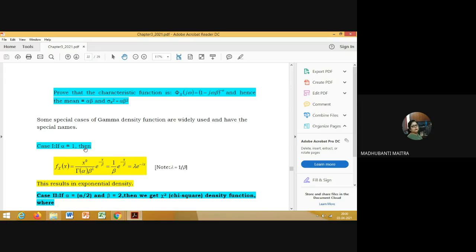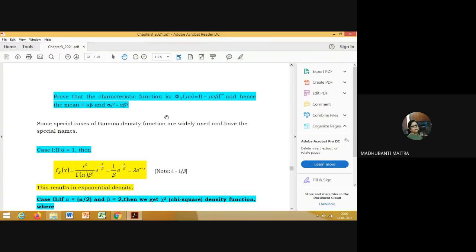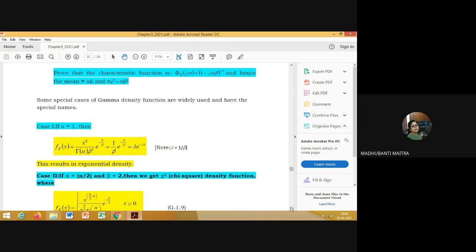If alpha is equal to 1, have you noted down the density function? Please check if alpha value is equal to 1, whether the density function will be this one or not. Yes, ma'am. It will be this one. Are you familiar with this expression? 1 by beta e to the power minus x by beta.